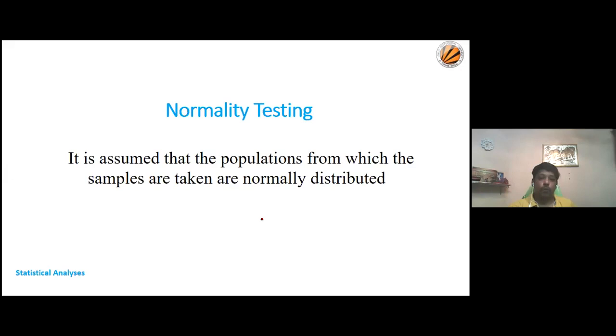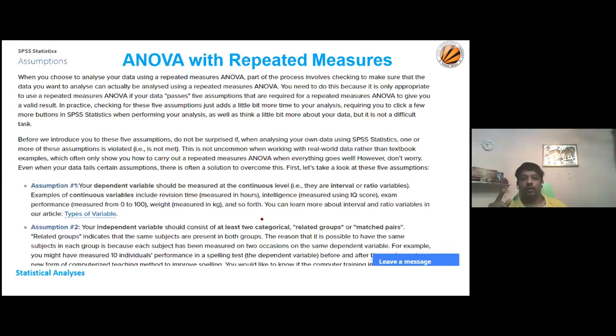As I said, when you do a statistical analysis, your data should meet the assumptions. For example, because we measure more than two times in your clinical trials or RCTs, when you perform a parametric test using ANOVA, it should meet these assumptions.